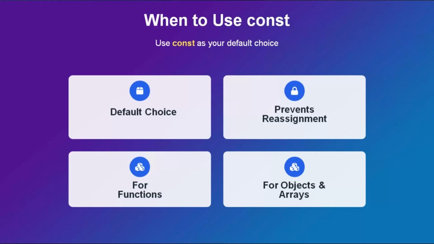So you might be wondering, when to use const? It's your default choice for most variables, when the value shouldn't be reassigned, for functions, for objects, and arrays that won't be replaced. In general, which one should you use?